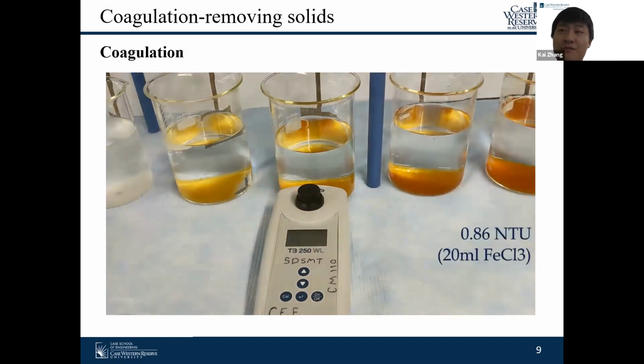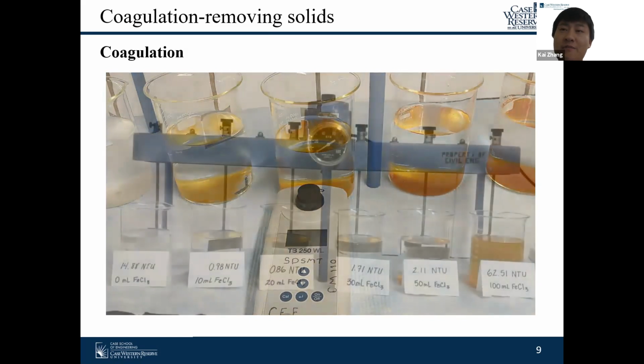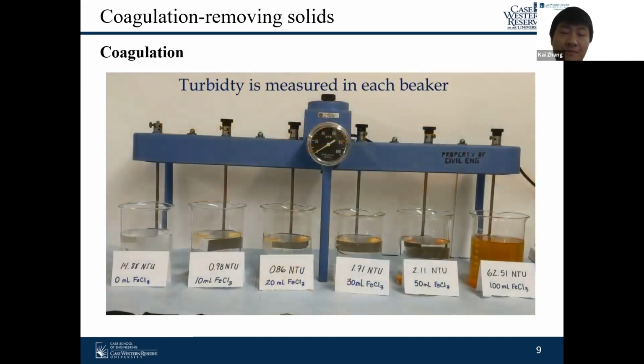And we got the numbers. We know the initial number for this sample is around 27, and now we got less than 1, or around 1 or 2.